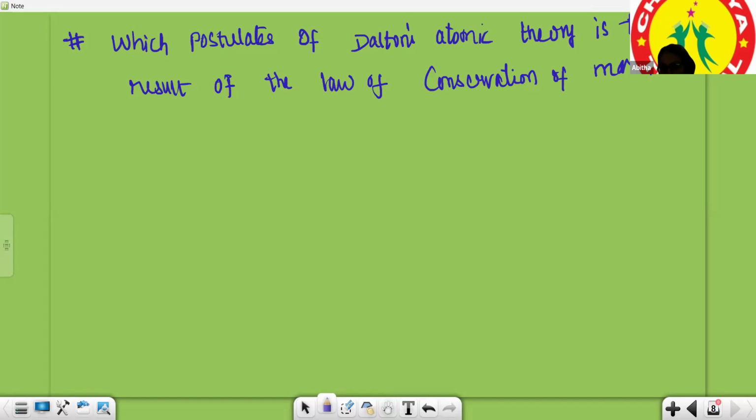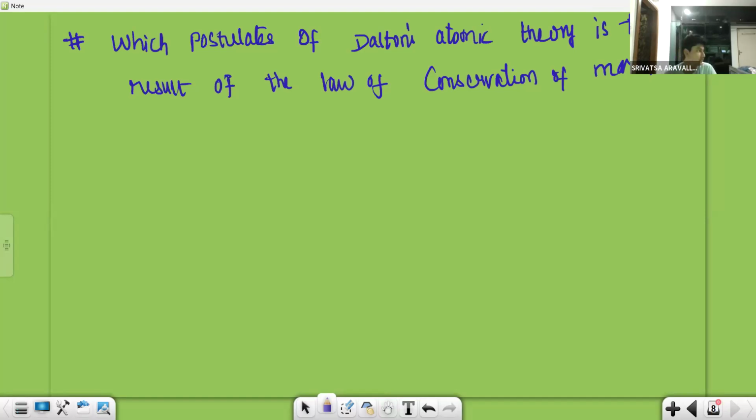What is the law of conservation of mass, Srivatsa? Mass can be neither created nor destroyed.